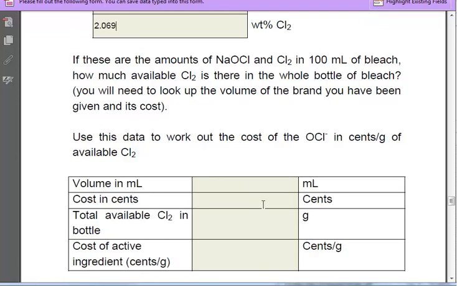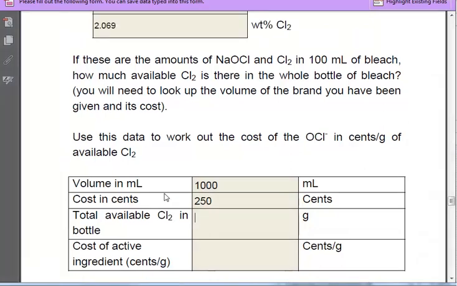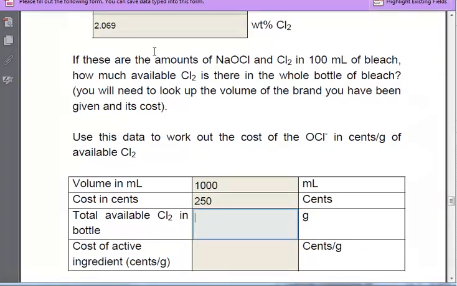Now, up the front, your supervisor will give you the volume of the bottle of bleach that we're looking at, and let's say it came out of a 1 litre bottle, and that it cost $2.50. Oops, 250 cents. Now the total available chlorine in the bottle is 2.069, which is what's available in 100 mils, and we've got 1,000, so it's going to be 20.69.